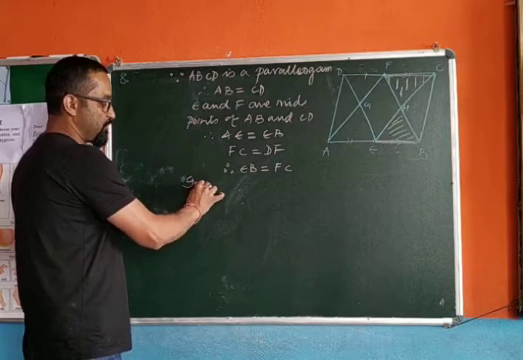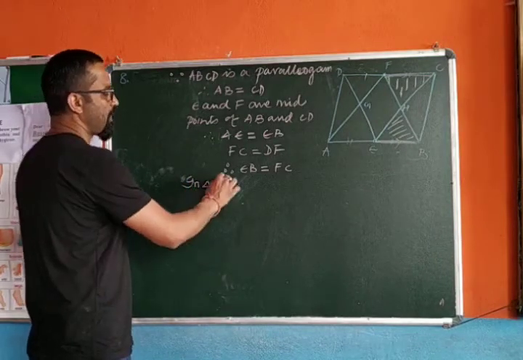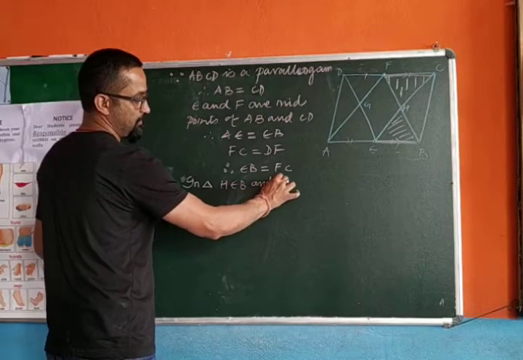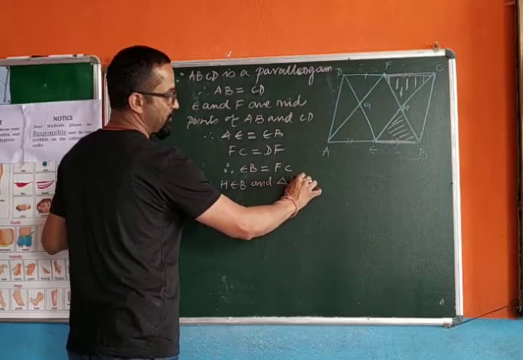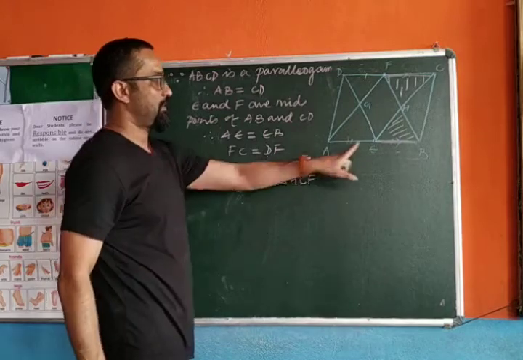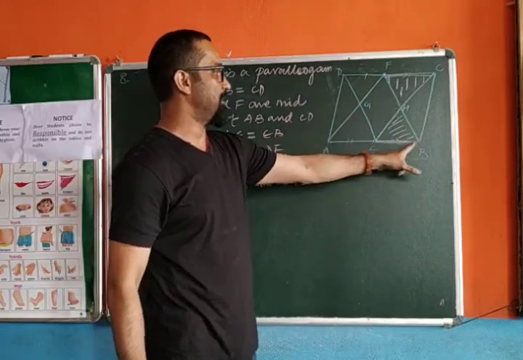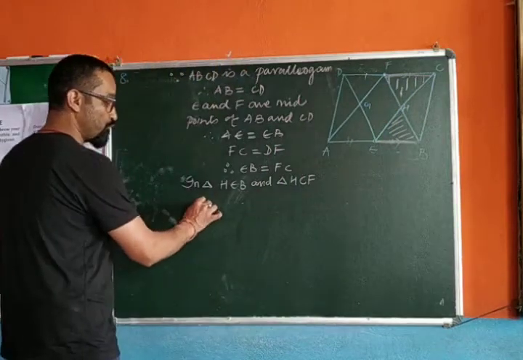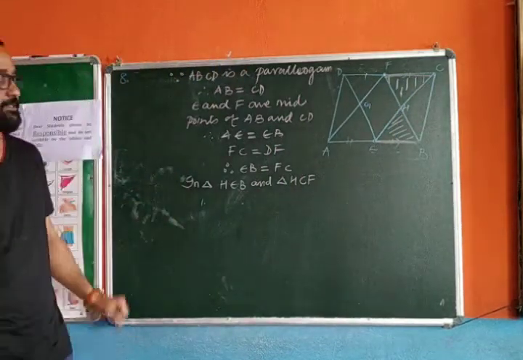Now write, in triangle HEB and triangle HCF, you have to prove these two are congruent.